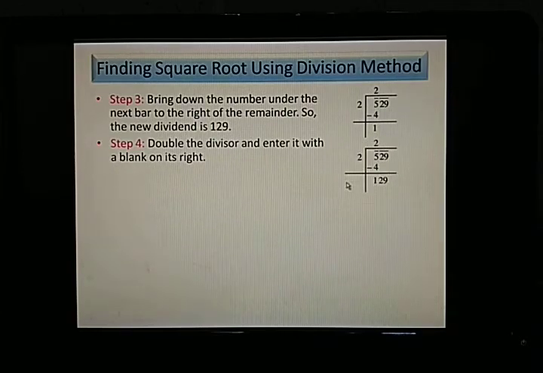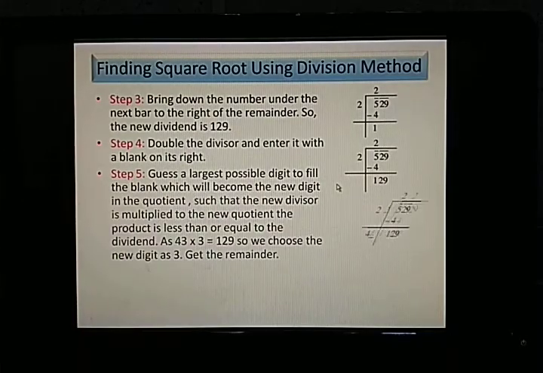We double this divisor 2, and it will be 4, and enter it with a blank on the right side. Clear? We have doubled 2, it will be 4, and then we have placed a blank here.